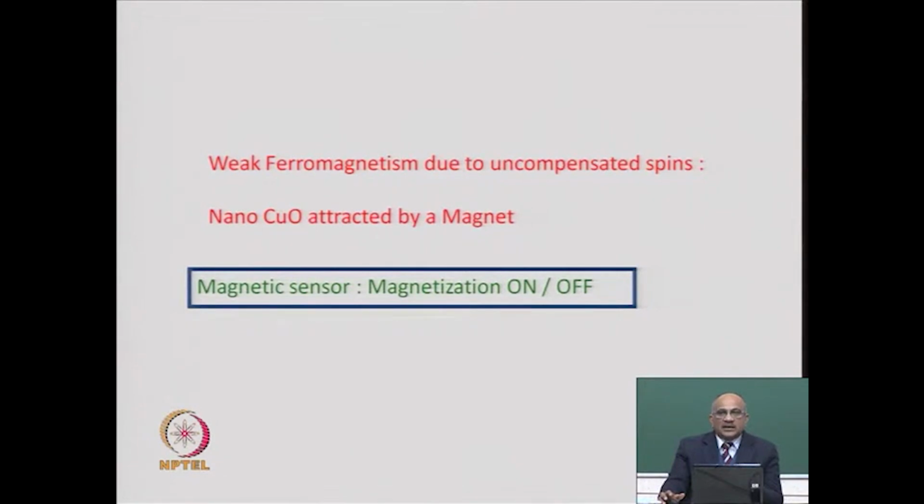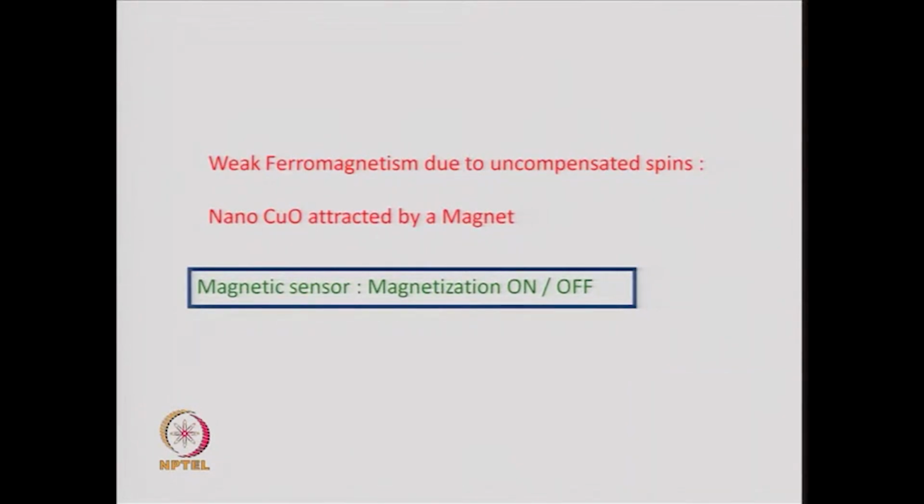But in this particular case, since you will have a lot of dipoles on the surface, the magnetic moments which are supposed to be aligned opposite to each other get distorted, and you have only surface magnetic moments to contribute, and there can be weak ferromagnetism due to uncompensated spins on the surface.